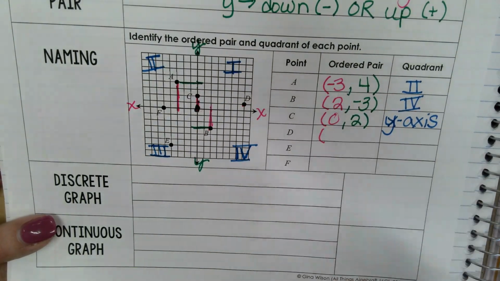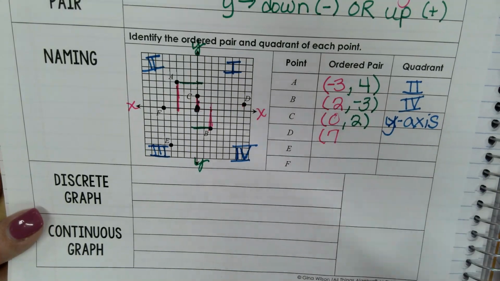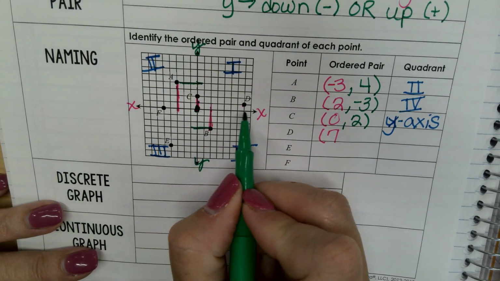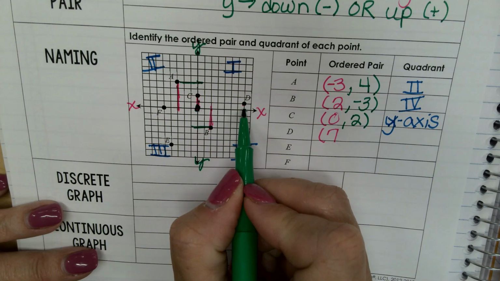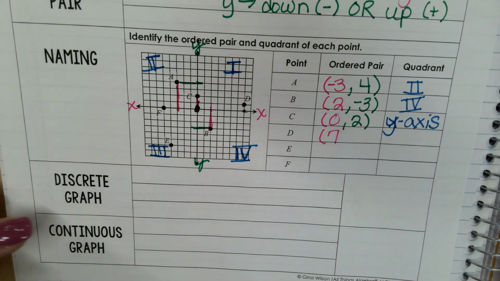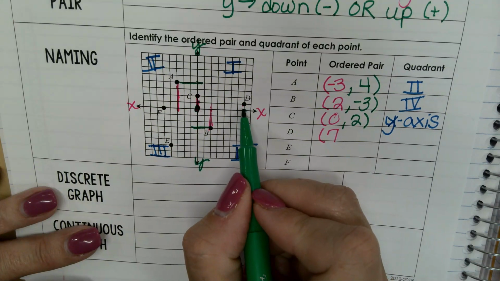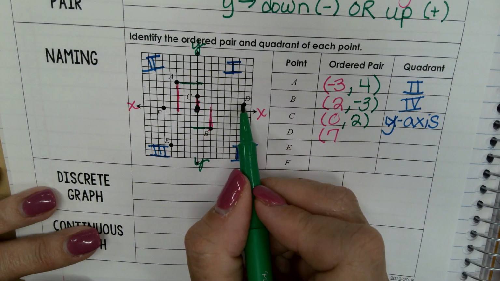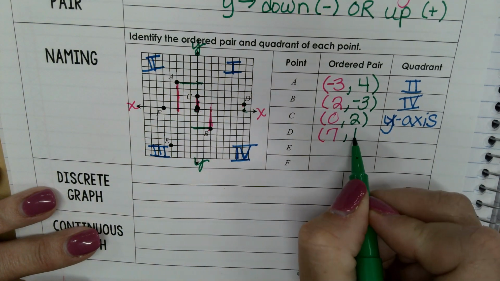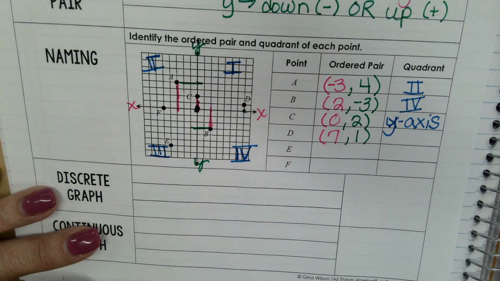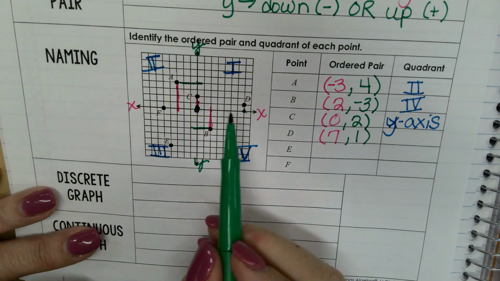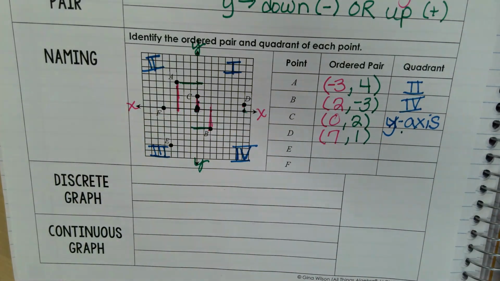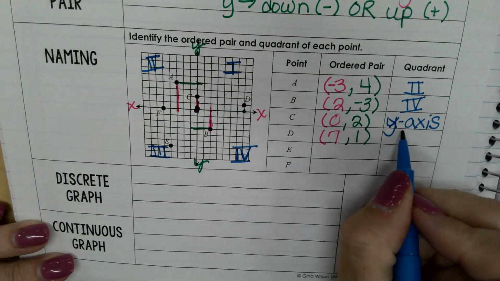Okay, right means positive, 7. Okay, then what did you have to do? I went right 7, then what did I have to do? So here I am right here, and I have to get there. Would I go up or down? Up 1. So up means positive 1. All right, what quadrant is point D in? Quadrant 1.